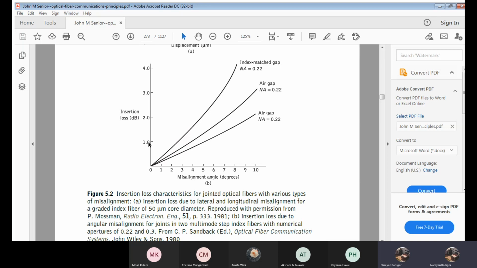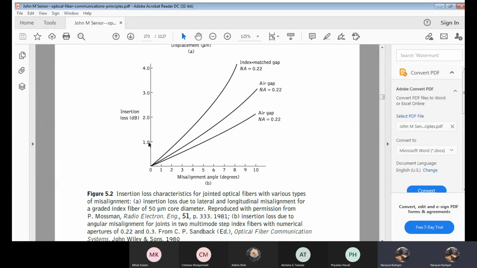See here, we have shown it depends on the numerical aperture, where I have one certain value here, that is 0.22. Now for that numerical aperture, which gives an acceptance cone, we have three things over here: index matched, and air gaps, or two things rather. Air gap is mentioned two times here, for the top part and the bottom part.